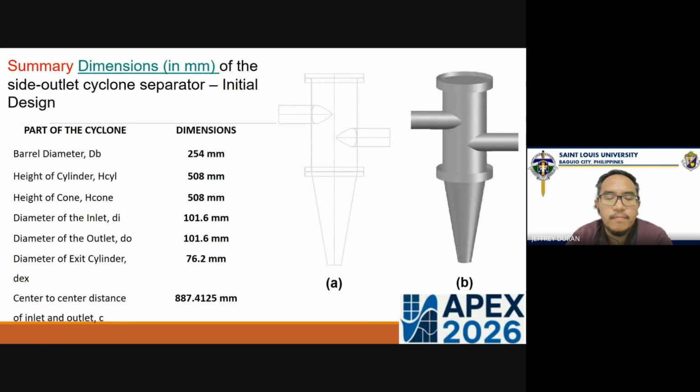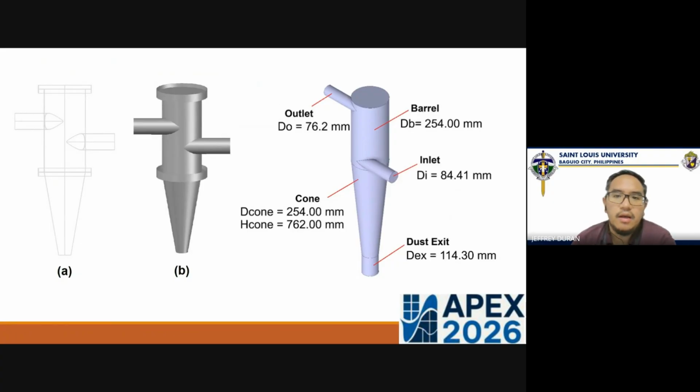This is the past initial design dimensions, and we came up with this particular design. If you could notice, we have separated the inlet and outlet ports. We have separated the distance, and it has a longer cone length.